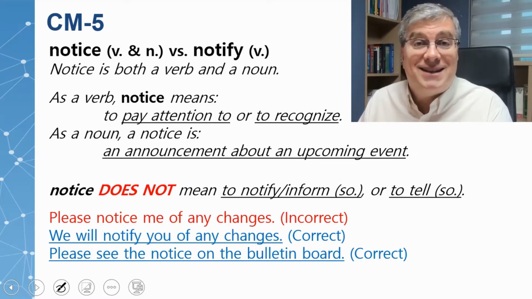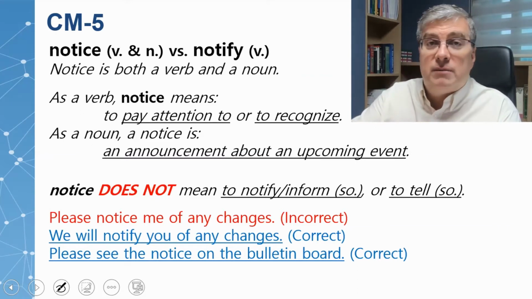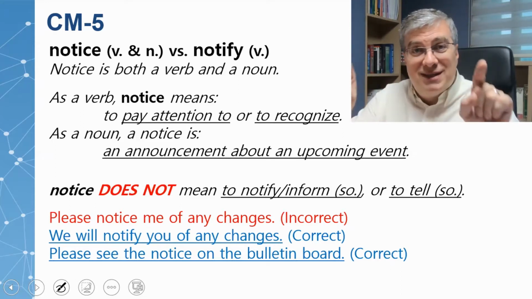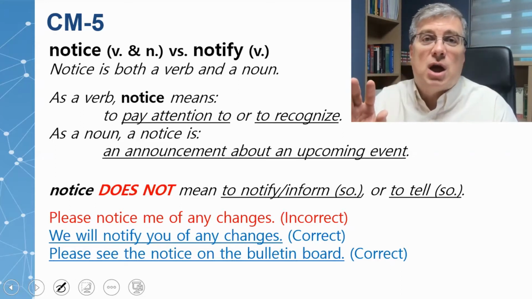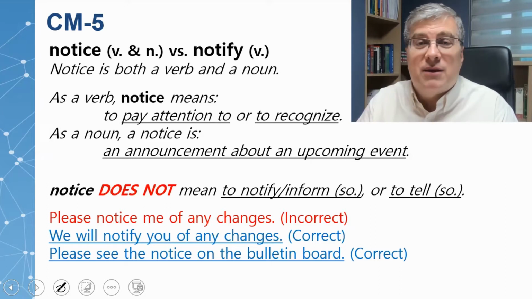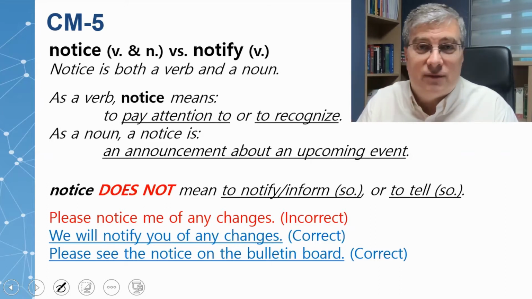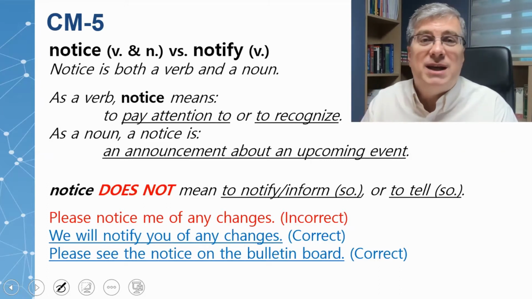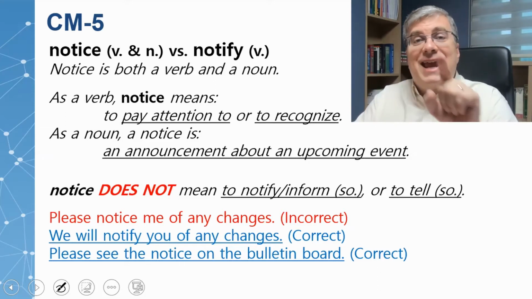Now that's different, right? See is the verb, notice is a noun. If there's a notice on a bulletin board or the wall of your office, that is a printed notice. It has information on it about perhaps an upcoming event or maybe emergency information as well. It doesn't have to be an upcoming event, but that is a notice.